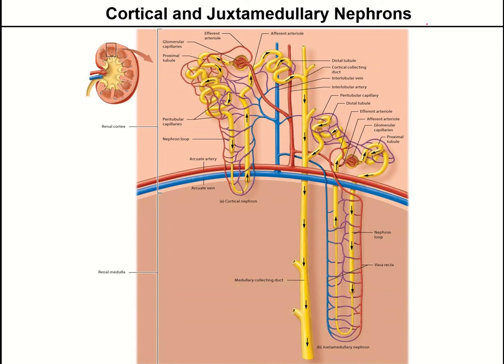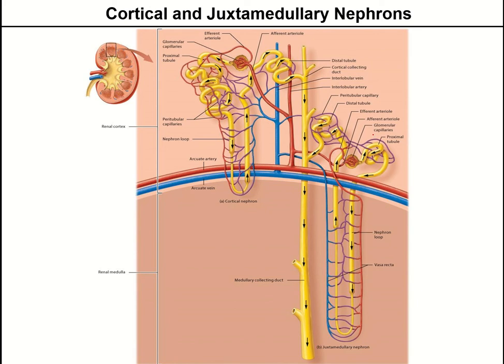Okay, and this is just a picture from your textbook showing you the difference between cortical and juxtamedullary nephrons. As you see here, a majority of a cortical nephron will be in your cortex. You may have a little bit of the nephron loop dip past the border, whereas in your juxtamedullary nephron, the vast majority of your nephron loop will dip deep into the medullary region.